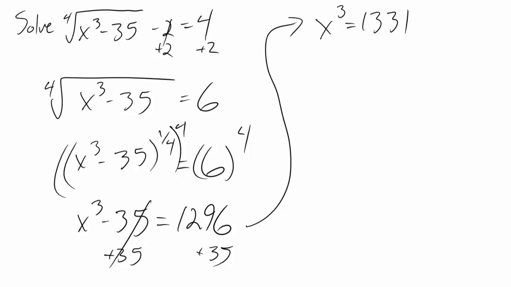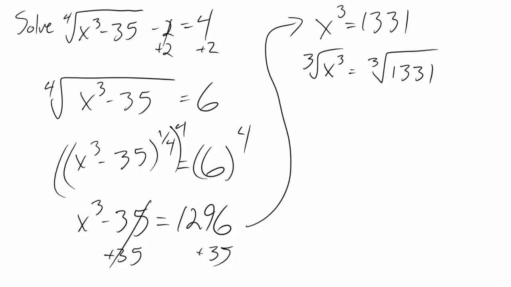Again, our variable is not located in the exponent, so again, we do not have to use logarithms to solve this guy. We just need to get rid of that 3rd power, so we're going to do that by taking the cube root of both sides. So we'll have the cube root of x cubed to equal the cube root of 1331.